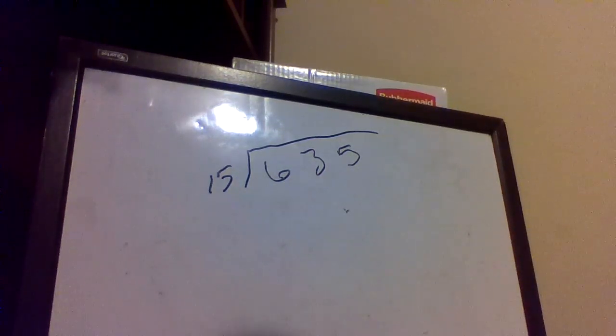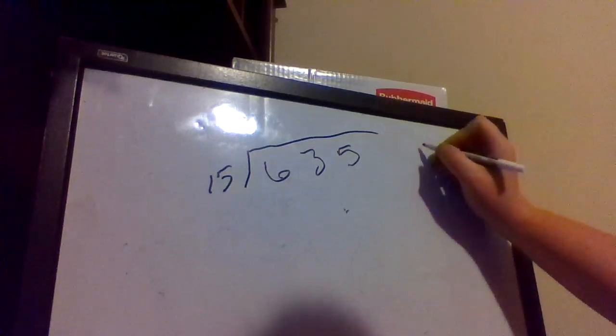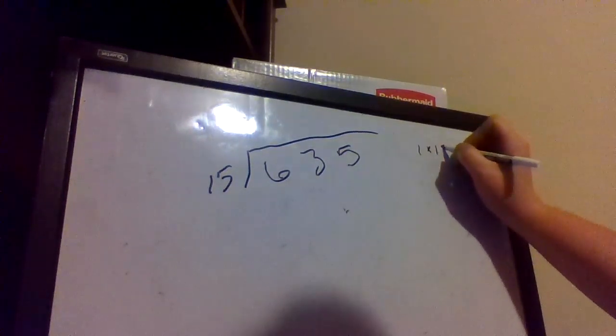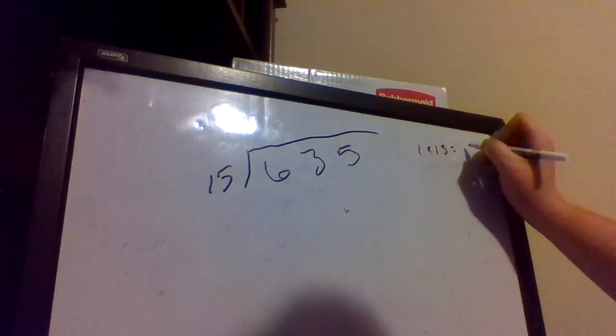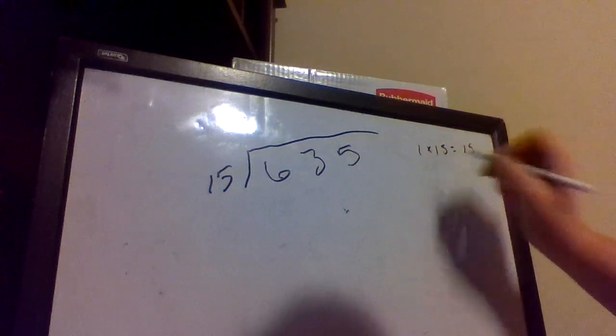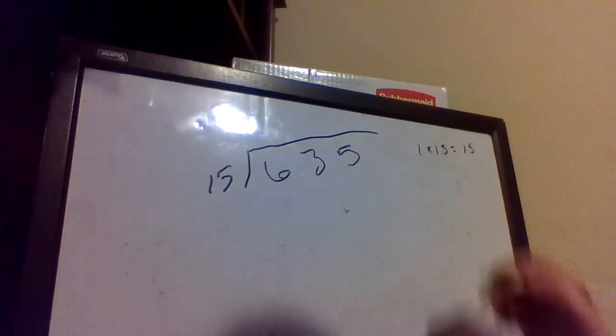Here's just a little tip from Mr. Beatty. So let's start with 1 times 15. And 1 times 15 is obviously 15. 1 times any number is that bigger number.